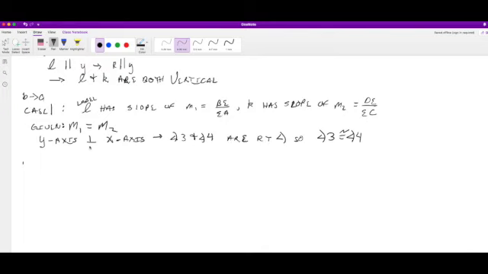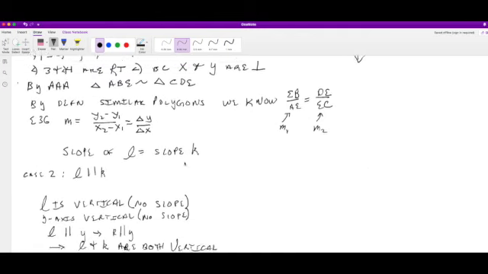So by definition, what we now have is that by side angle side similarity, triangle ABE is similar to triangle CDE, right?